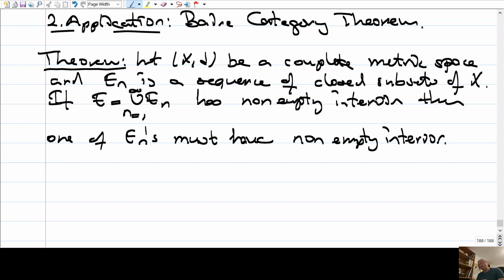In other words, if you want to write a set which has non-empty interior as a union of closed sets, you have to make sure that at least one of them has non-empty interior. Putting just empty things, infinitely many of them together, wouldn't give you something with non-empty interior. That union has also empty interior.